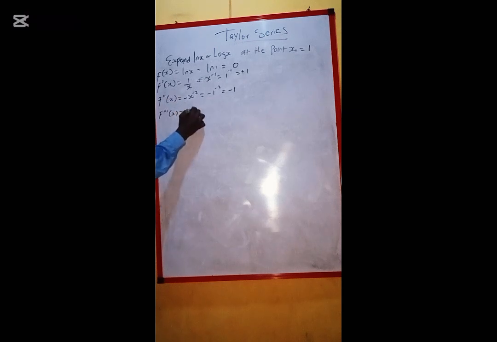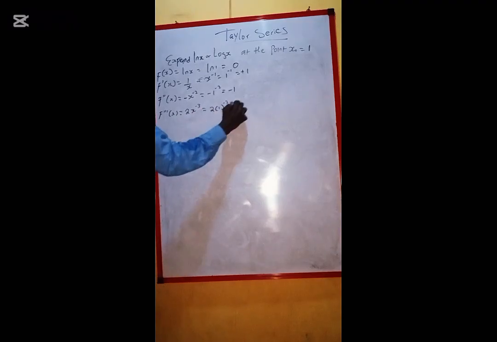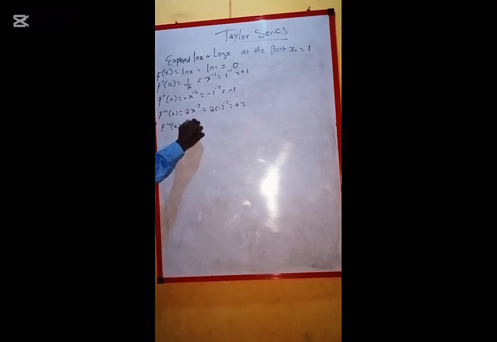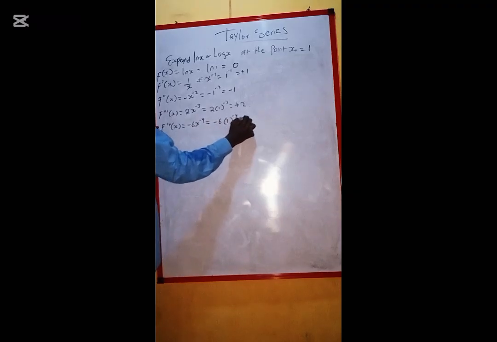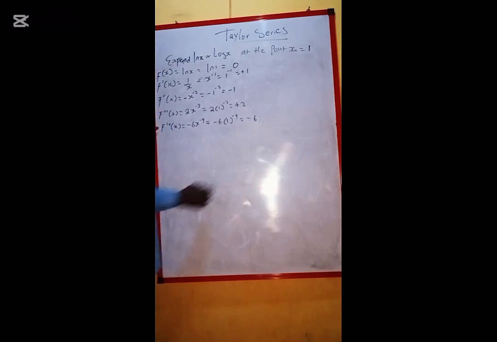That's 2x to the minus 3 is equals to 2, 1 to the minus 3 is equals to plus 2. Then the fourth derivative, minus 2 times minus 3 times 2, that's minus 6 x to the minus 4 is equals to what? Minus 6, 1 to the minus 4 is equals to minus 6.